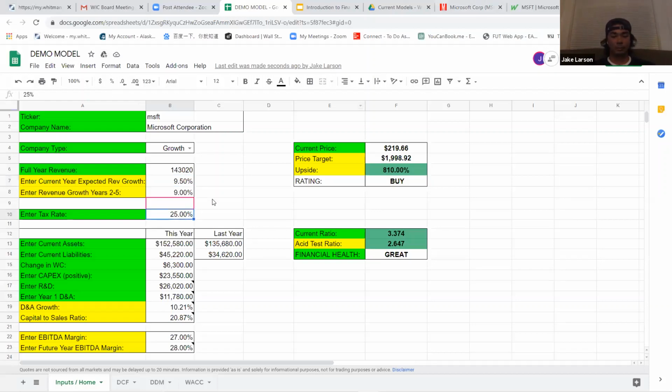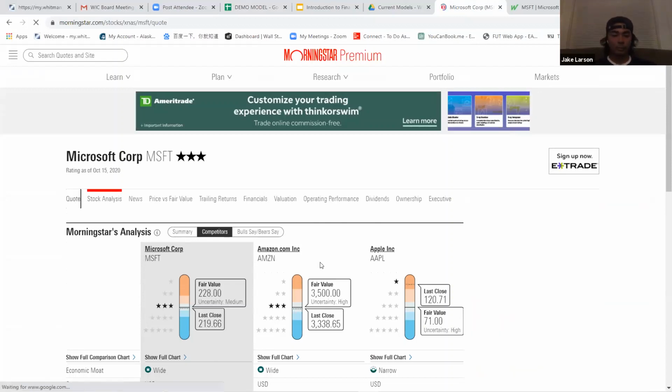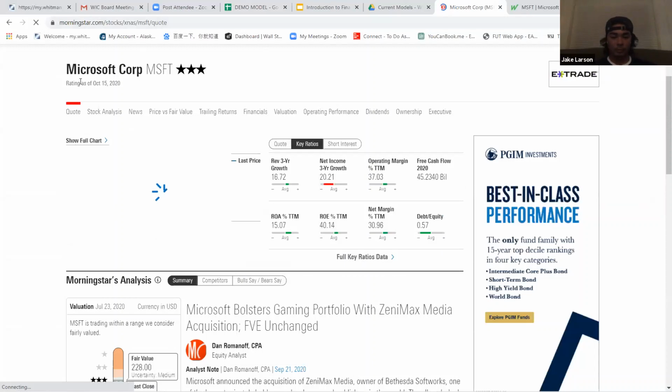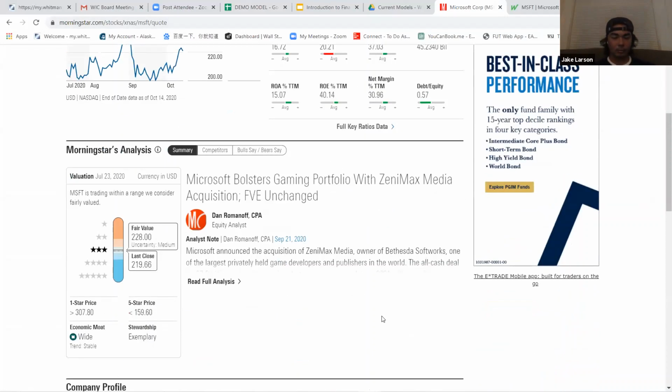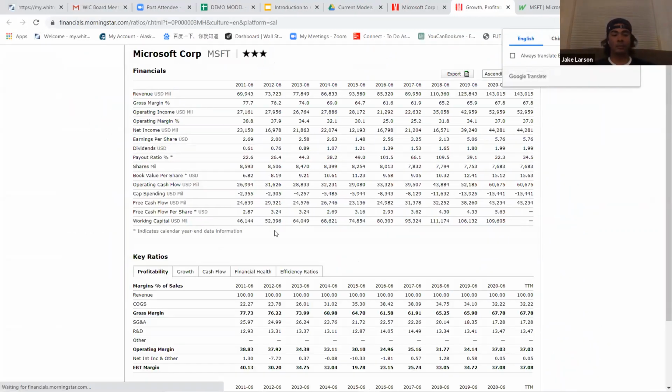So about the tax rate, you can also find this on Morningstar. If you go to the main page of the company that you want to analyze, click on key ratios and then click on the full key ratios data.